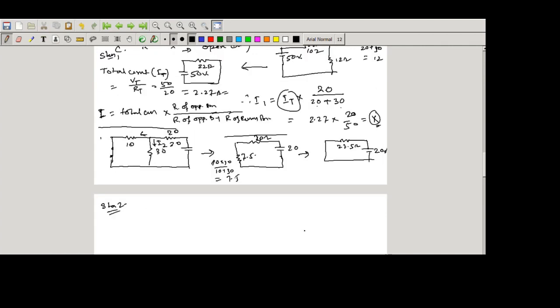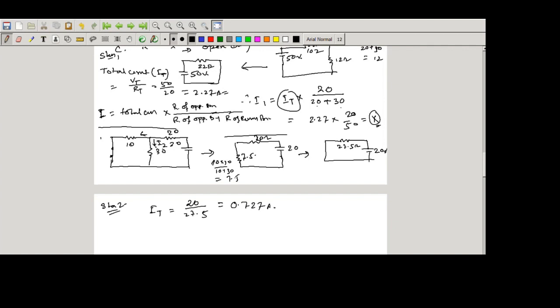From here we can find the total current IT. Whenever the source is 20 volts, IT equals 20 divided by 27.5, which is 0.727 ampere.